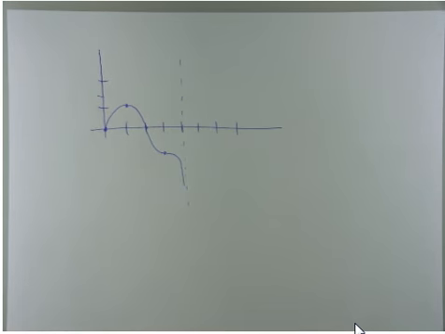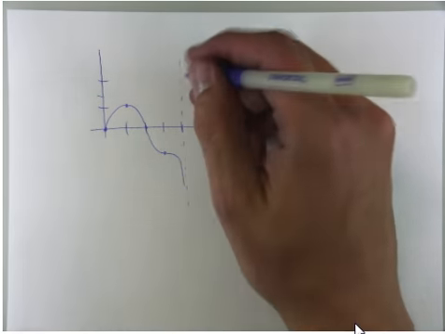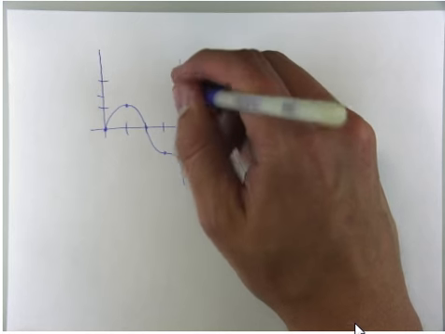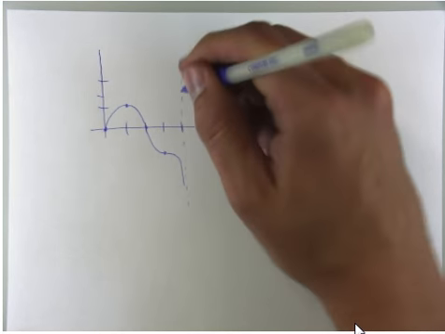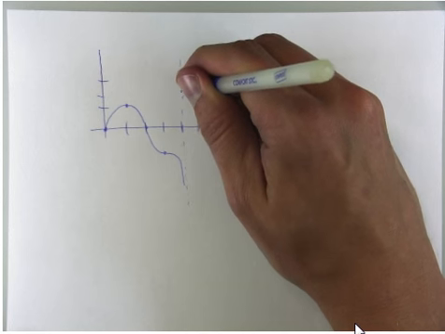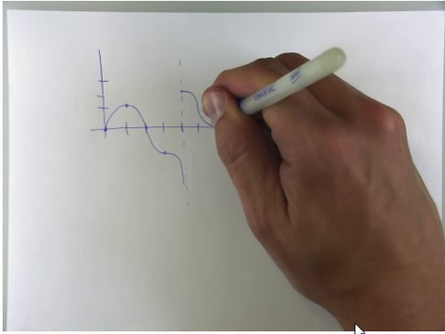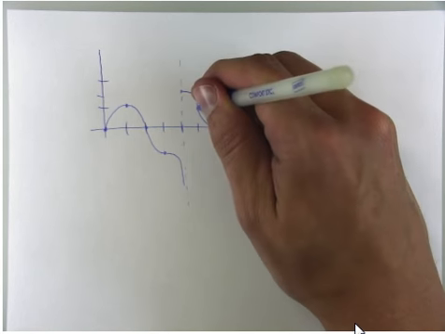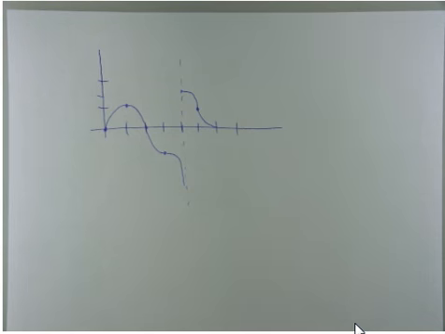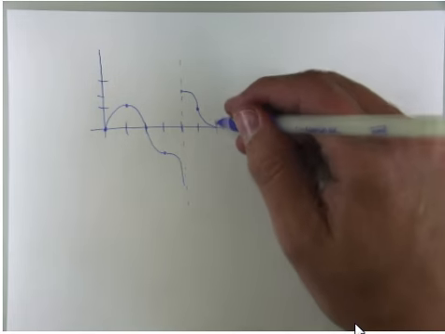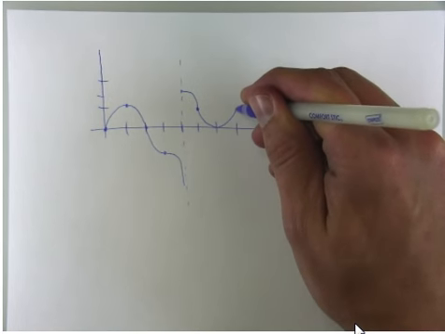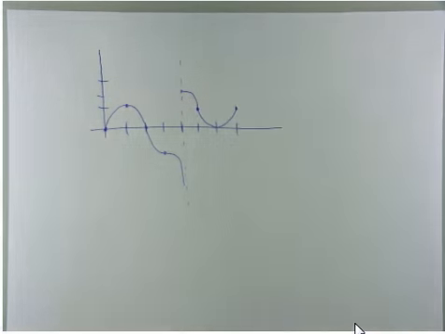I don't know what it might look like. Functions can do anything. So here's a weird function, and I'll give it a name, y equals f of x.